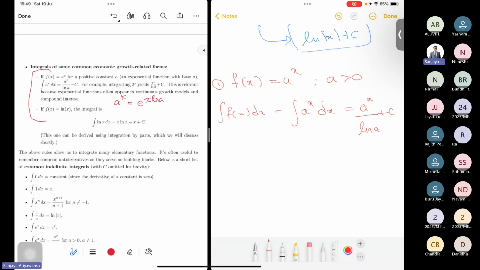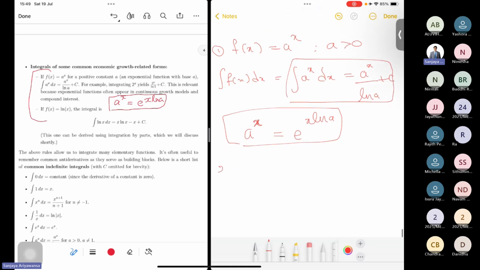What you have to remember is a to the power x is also written as e to the power x log a. From that you can prove this particular answer.